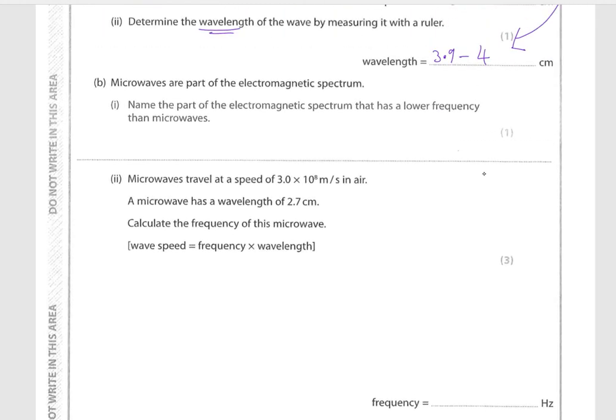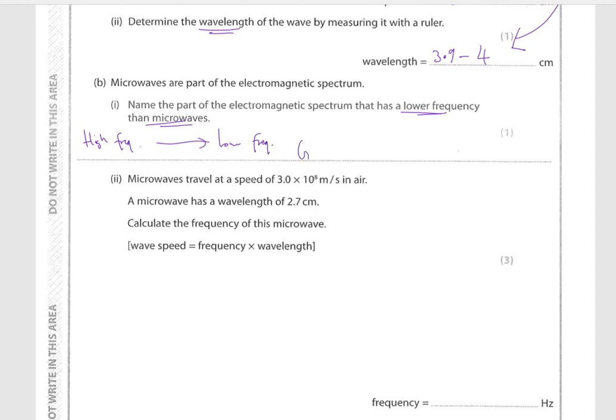Now, which part of the electromagnetic spectrum has a lower frequency than microwave? So frequency is higher, lower. Now, let's do our list, from high frequency to low frequency.